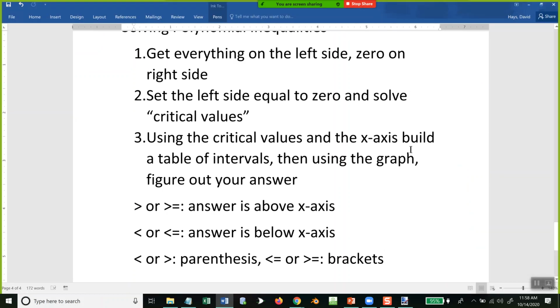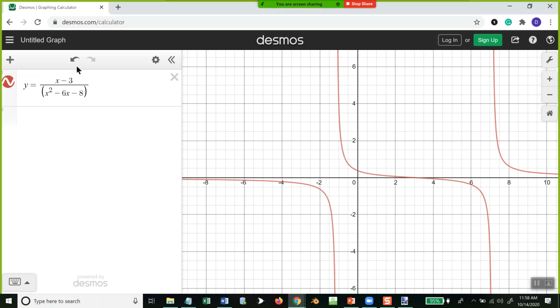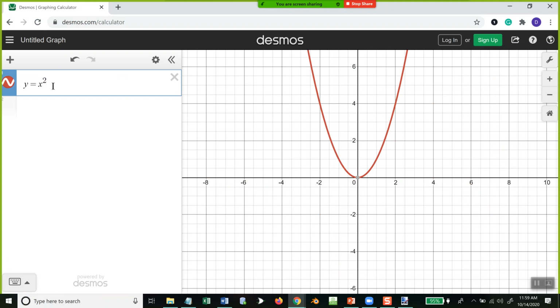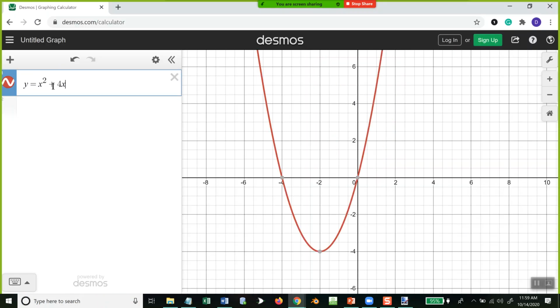It then says, then using the graph, figure out your answer. Well, if I graph this, and specifically you want to graph it at the point where you have 0 on one side, plug that into your y1. And I'll show this one. So x squared plus 4x minus 5.